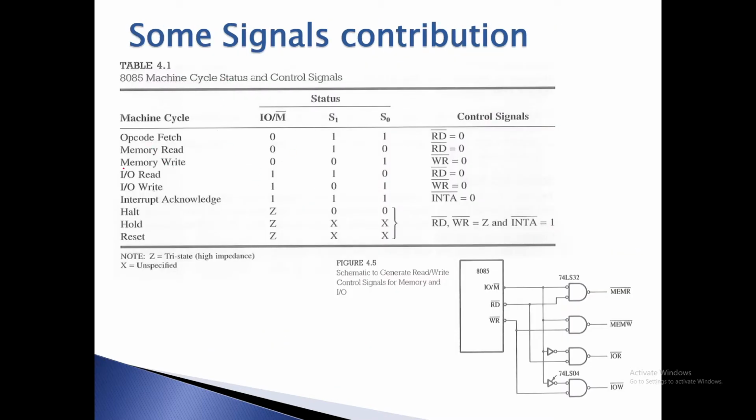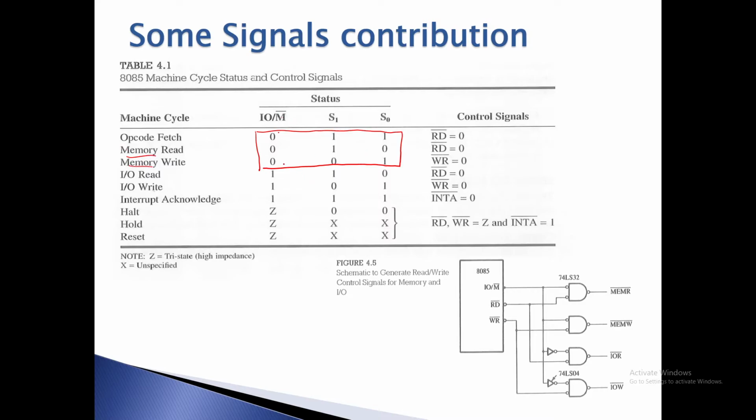You can see that when you want to communicate with the memory through the 8085, that is the memory block, you have to keep IO/M bar at logic 0. This whole part is memory communication. You can see IO/M bar is 0, therefore we are communicating with the memory only.